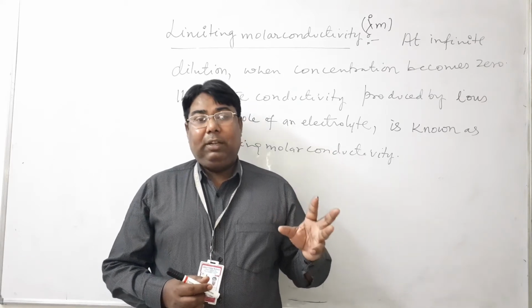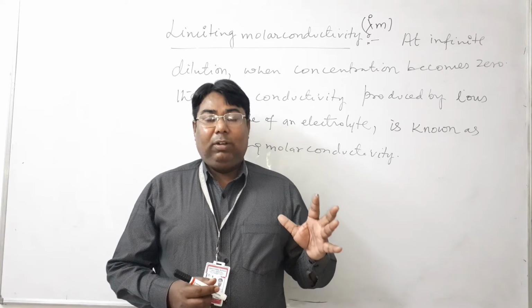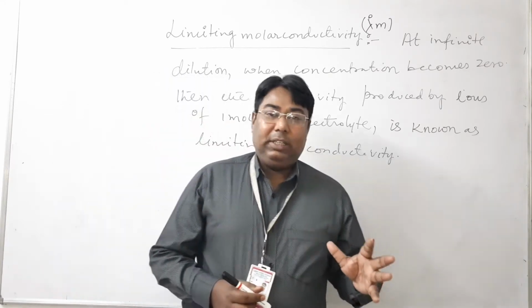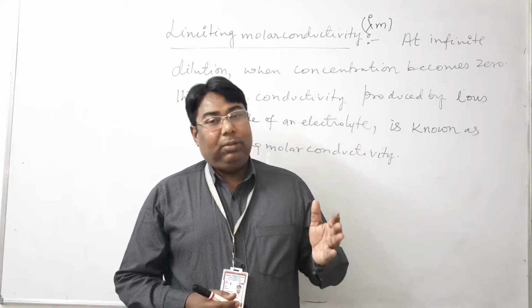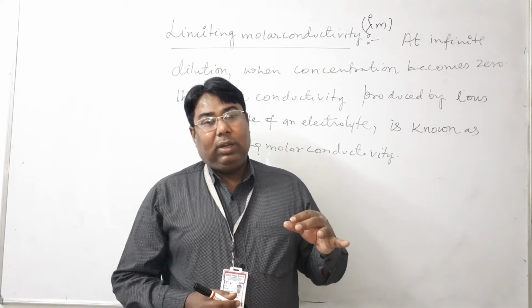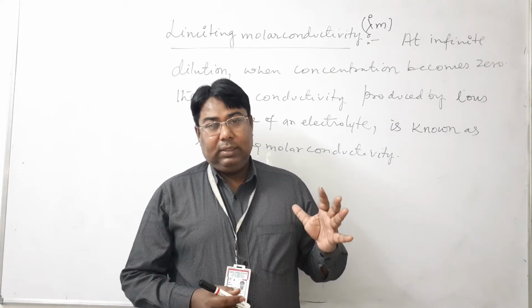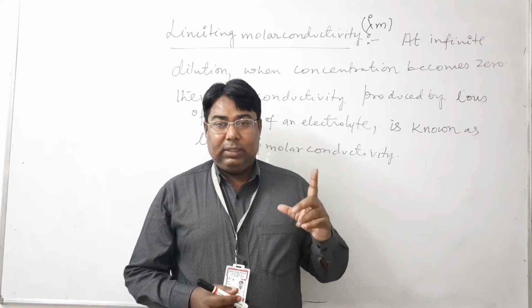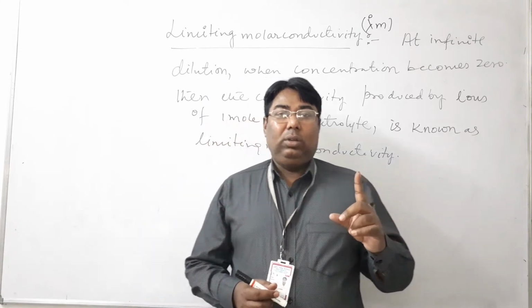Kohlrausch's law of independent migration of ions states that the limiting molar conductivity of an electrolyte is equal to the sum of the limiting molar conductivities of the individual cations and anions. This is known as Kohlrausch's law of independent migration of ions. So all of you try to understand.